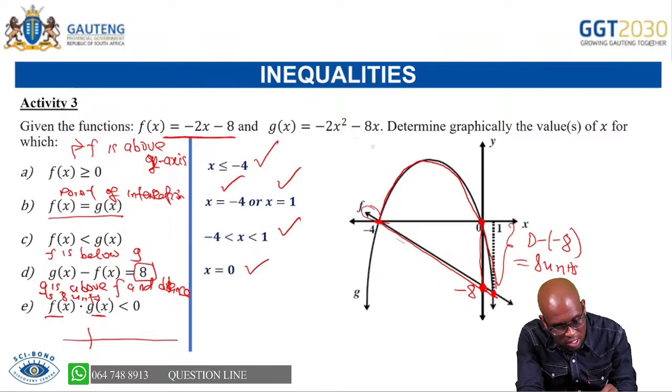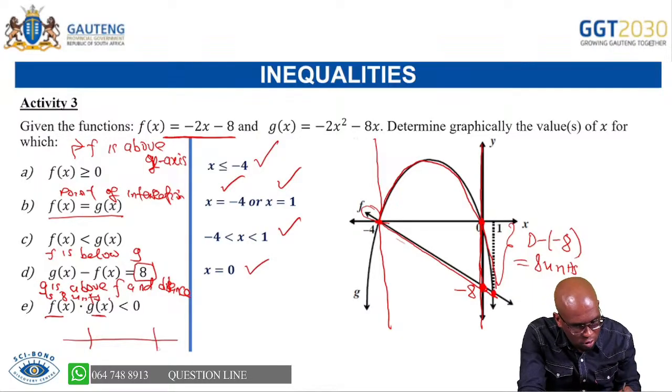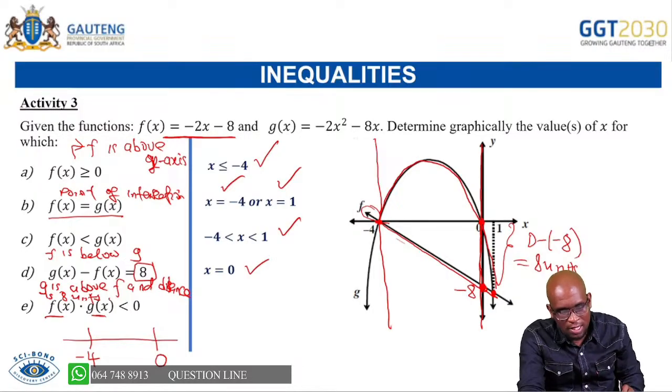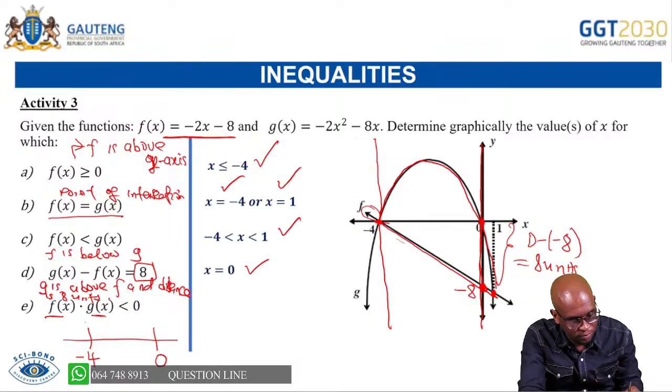We're going to focus on this x-intercept here, and also on this x-intercept. So we are going to be focusing on -4 as well as 0. Those are the x-intercepts of interest.